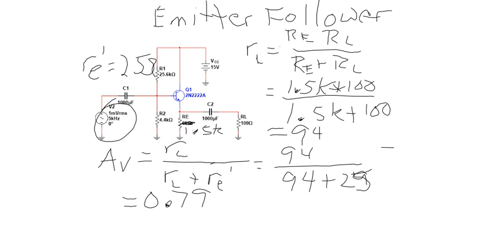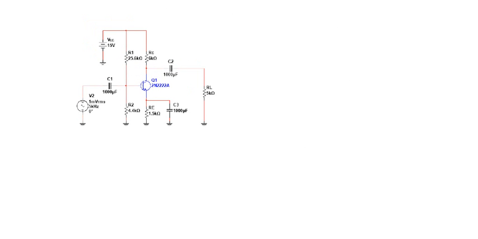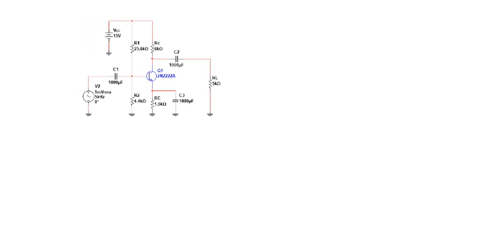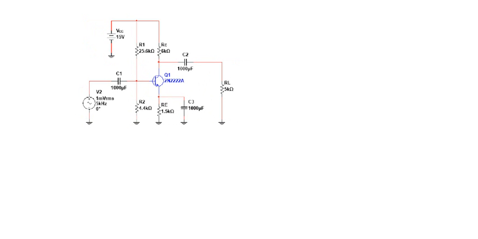However, if I attach this to a common emitter amplifier, and it can be the regular one or the swamped one, either one. I grabbed the regular one here, it's okay. Now let's grab my emitter follower.